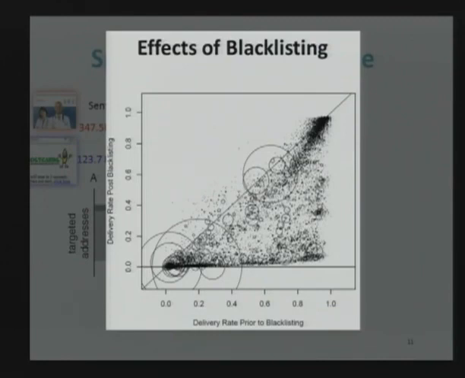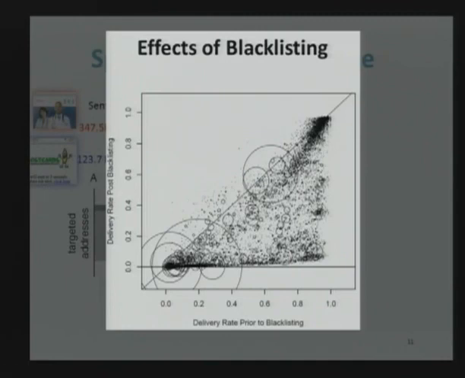Now, this is an XY scatter of the delivery rate to a given domain based on whether or not the bot that was in charge of sending was on this DNS-based blacklist. So on the x-axis, you have bots which are not in this DNS-based blacklist, and the y-axis tells you their success rate after they have been added to a given blacklist.